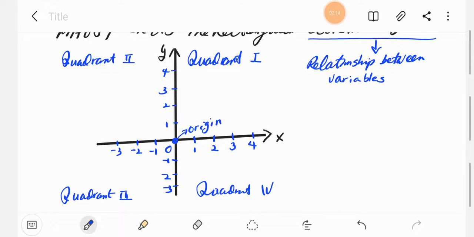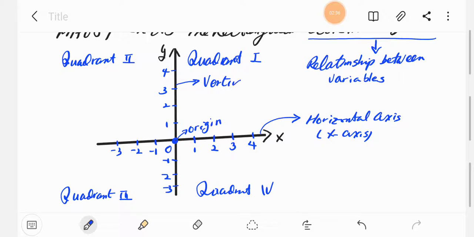All right, and this horizontal line is called the horizontal axis, or x-axis. Okay, the vertical line is called the vertical axis, or the y-axis. All right.